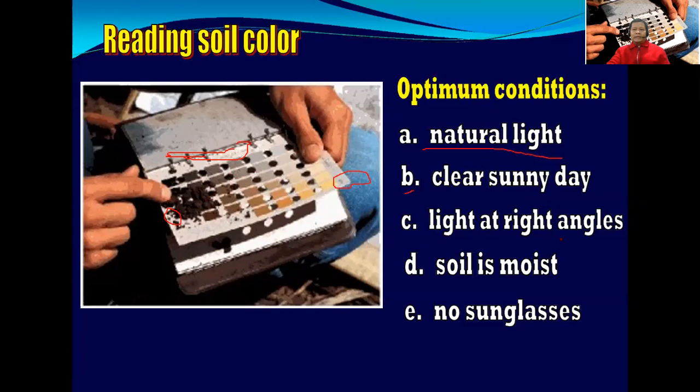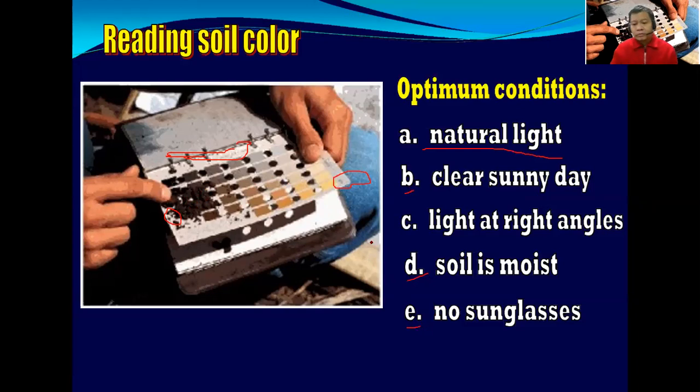So kung mayroong light, kailangan sa right angle, harapan, no? And then the soil is moist. Ang lupa dapat hindi naman siya basa, hindi rin siya sobrang dry. Parang moist lang ng konti para makita talaga yung exact kulay ng actual soil. Dapat no sunglasses kasi nagre-reflect ang sunglasses ng light when we are going to read and compare actual soil color on the Munsell soil color chart.